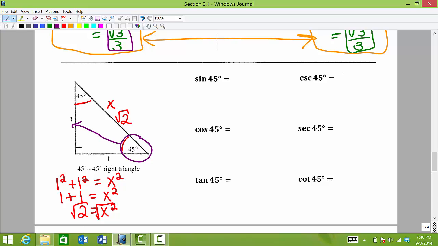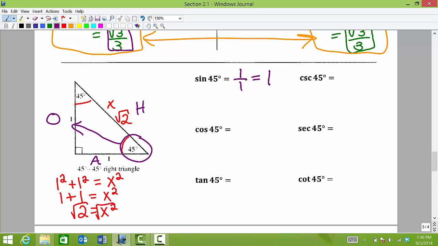So, the side across from it will be the opposite. The side next to that angle, touching it, will be the adjacent side, and the side across from our 90-degree angle will be our hypotenuse.